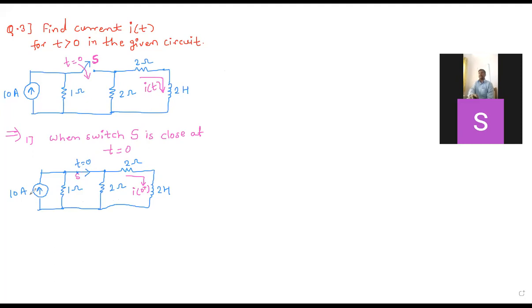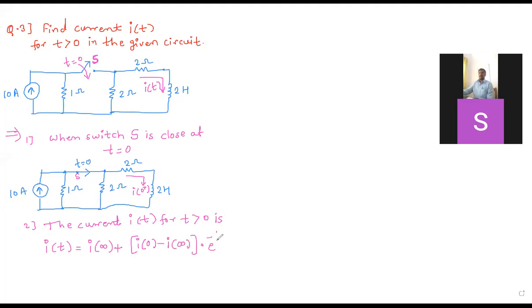Now the next step is the current response, because they are asking to find the current I of t. The current I of t for t greater than 0 is given by I of t is equal to I of infinity plus, bracket, I of 0 minus I of infinity, bracket complete, into e raised to minus t divided by tau.